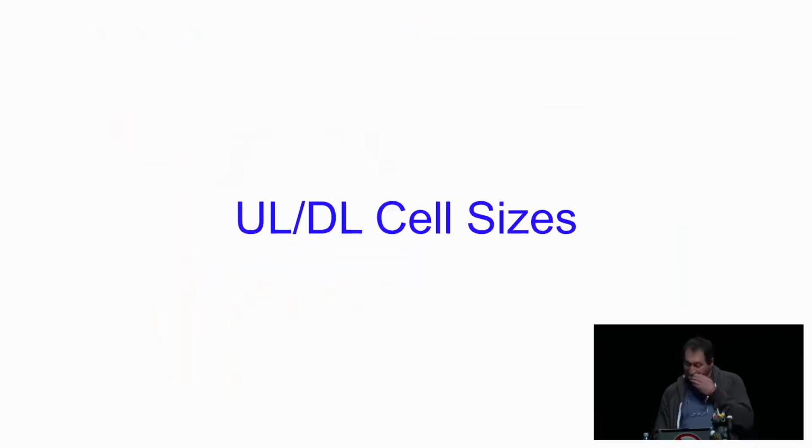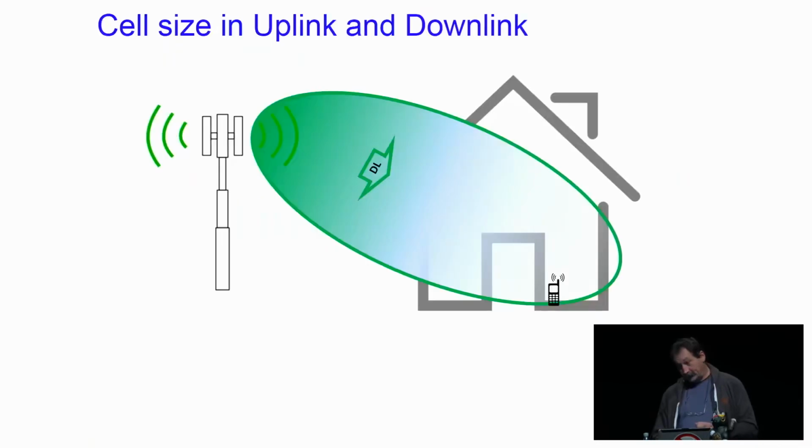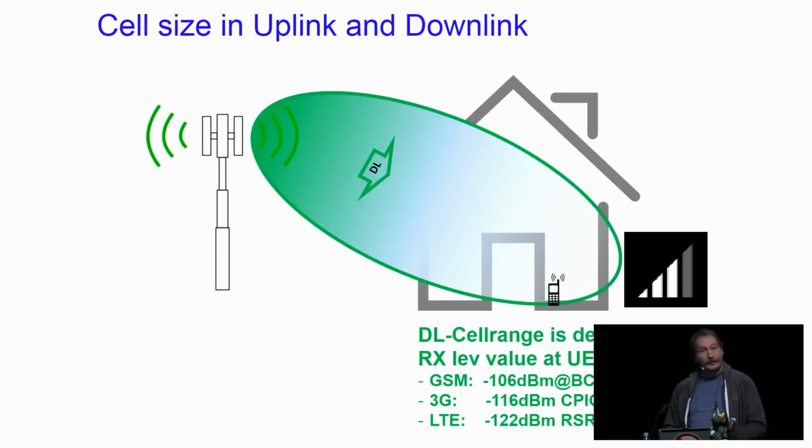Well, now if we look at the cell sizes, what we see on the mobile device is the downlink cell size. You have a different signal strength. You see it with the reception bars.